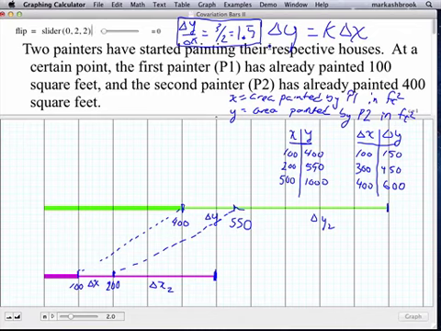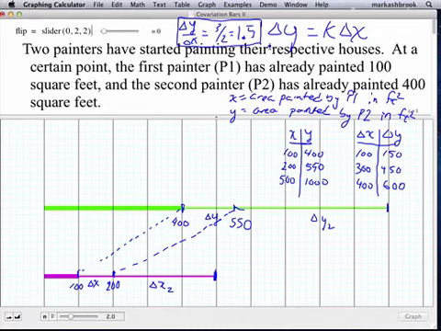So let's just rapid fire here. Can we get 3, 4, maybe 5 different interpretations of that number 1.5 in this scenario? The meaning of that number 1.5. Anybody? Tell me one interpretation of the 1.5. For every 100 square feet that painter 1 paints, painter 2 will paint 1.5 more.